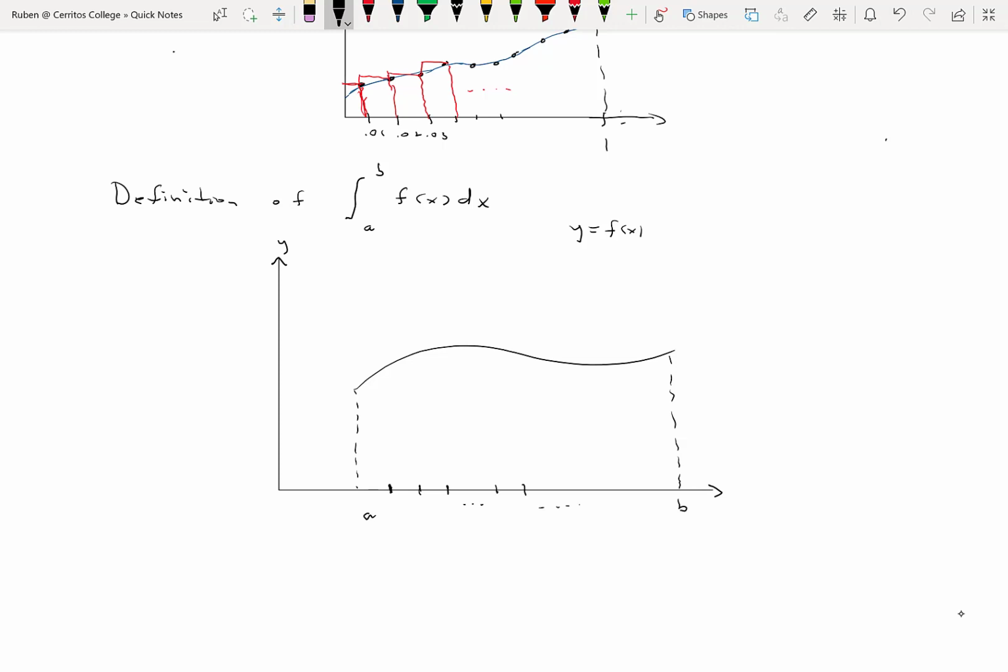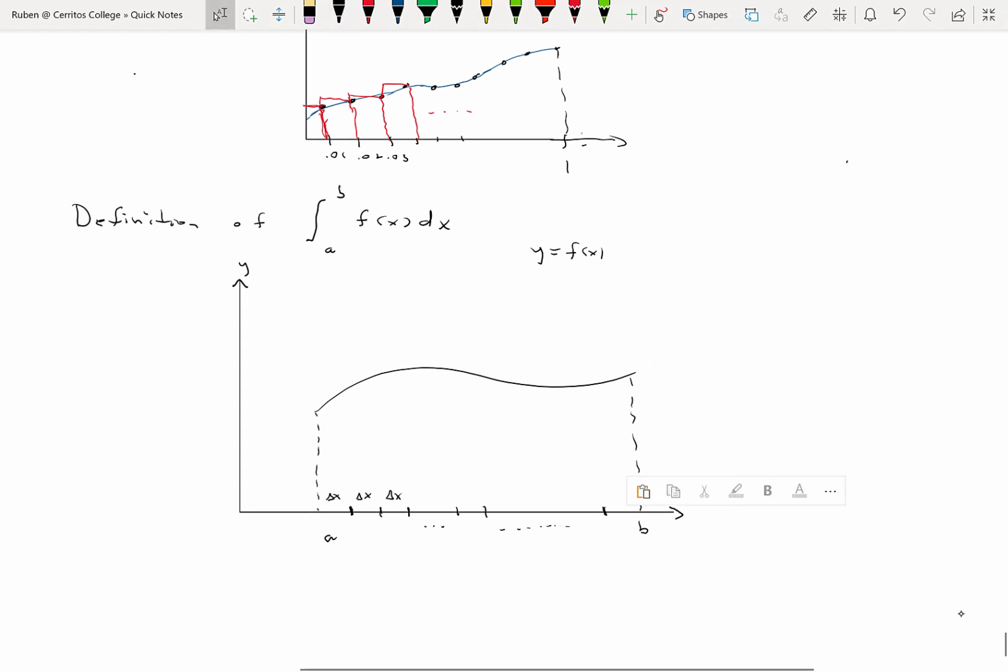And then we go to the end of the interval from a to b to look at number n subinterval. And each of these subintervals is supposed to have length delta x. So the length of the first subinterval is delta x, the length of the second interval is delta x, etc.